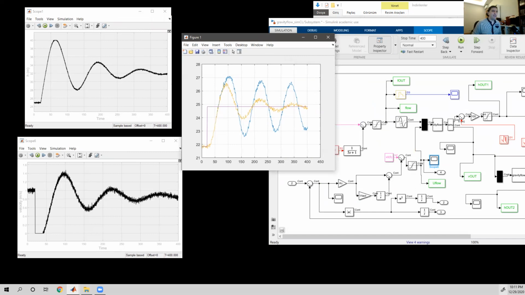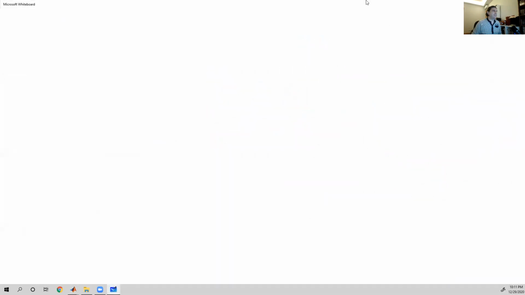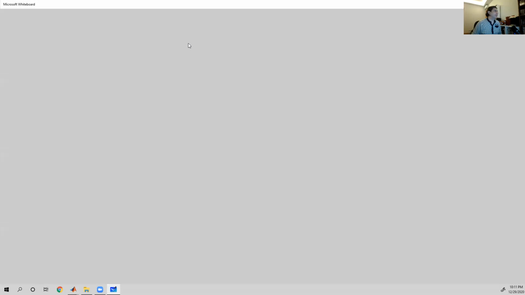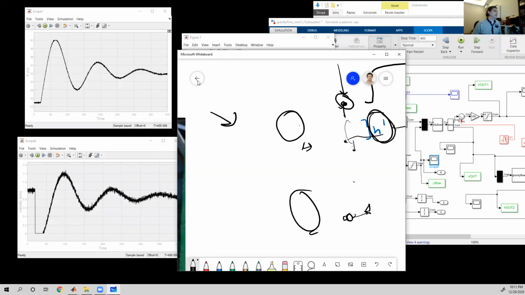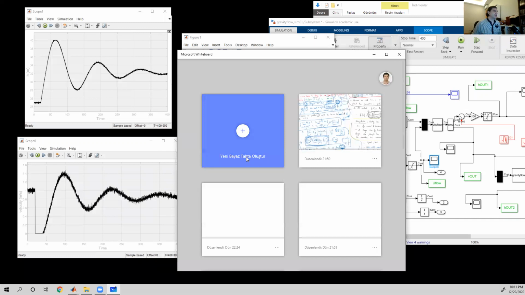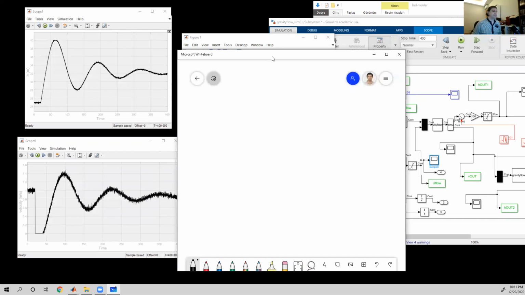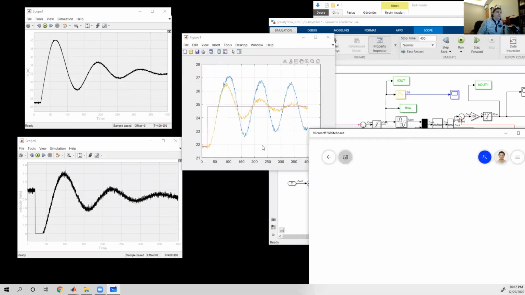And oh, by the way, there is something which I would also like to do. I should not forget about this. At this moment, when I do that, it's probably going to look very strange, but I'm going to write the simulation time. First, I started with a simulation of 400 seconds. I don't need to write seconds.